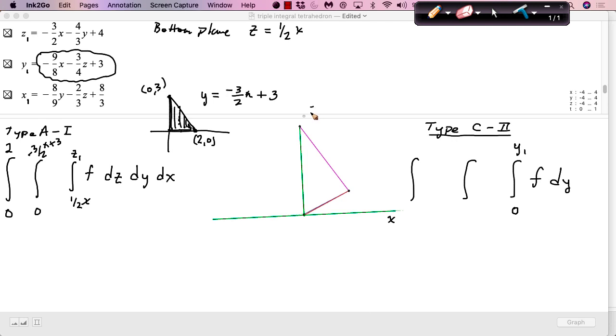I'm looking at the projection of that solid into the xz plane. And I'm going to say from what to what and what to what. Isn't type 2 left to right and then bottom to top? So left to right is which variable? dx. But now the bottom to top is dz.